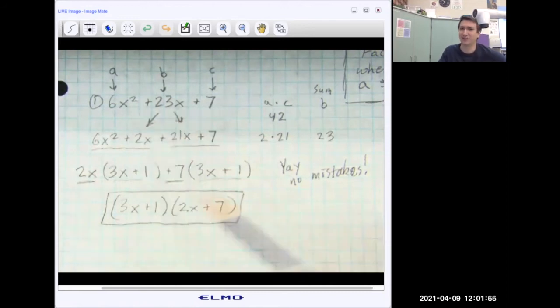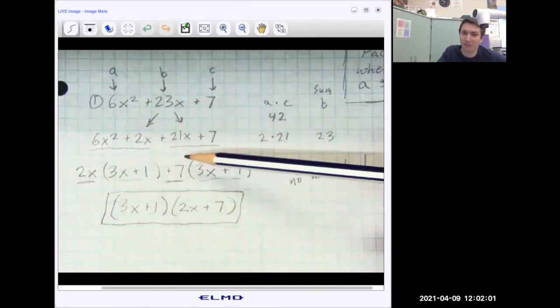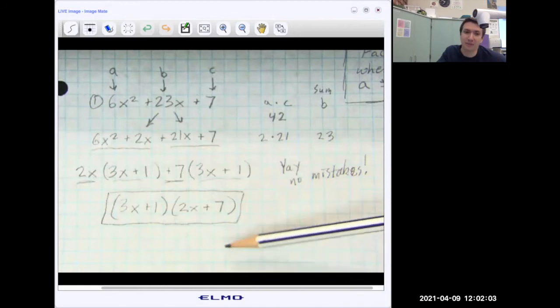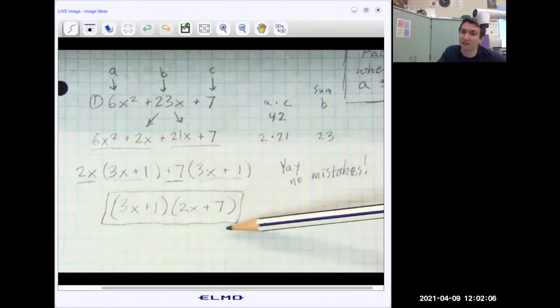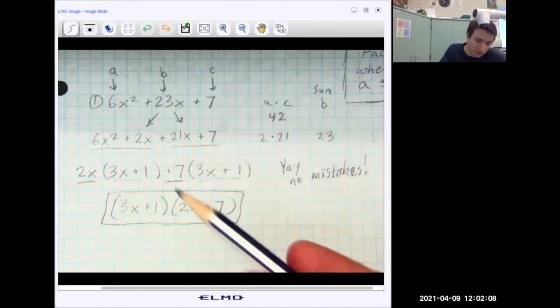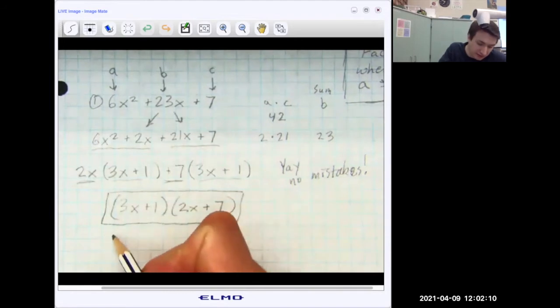Isn't that crazy the way that works? By doing this a times c and finding the factors that add to 23 and then breaking apart the problem and following this pattern, you end up with these factors. And we could even check our work. If I was going to check, I might do like FOIL.